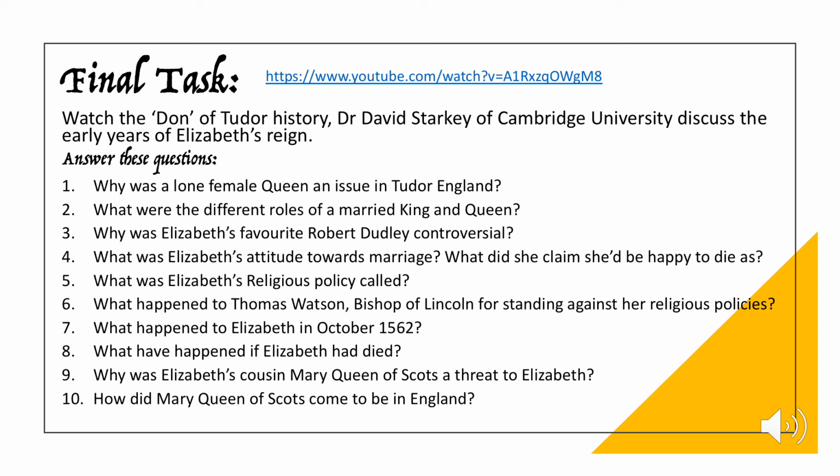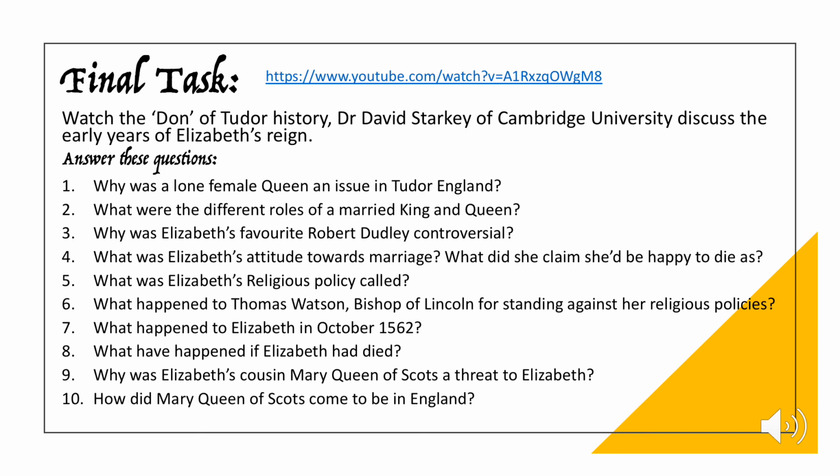in full sentences. So why was a lone female queen an issue in Tudor England? What were the different roles of a married king and queen? Why was Elizabeth's favourite, Robert Dudley, so controversial? What was Elizabeth's attitude towards marriage? What did she claim she'd be happy to die as in 1559?